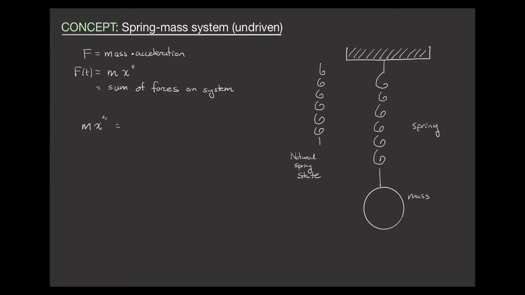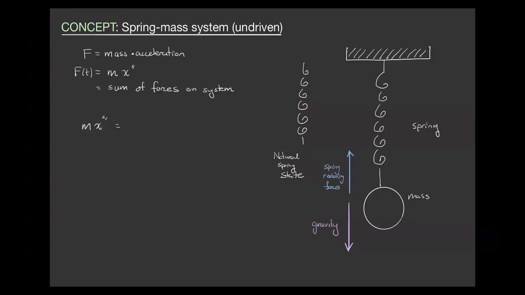There's what's called the spring restoring force. So you have these different forces acting on the mass. You have gravity pulling downward. Then you have the spring restoring force pulling upward.